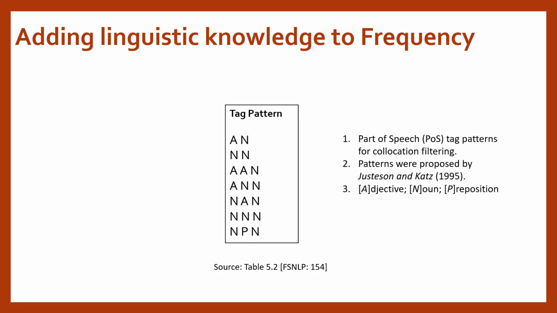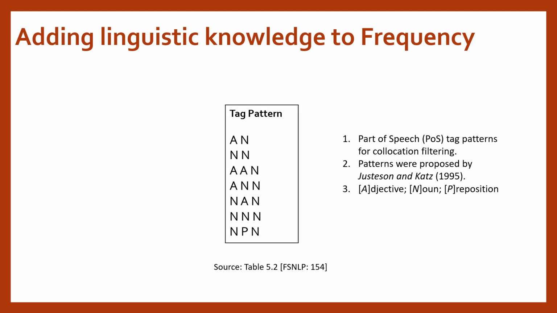So what people have tried is to identify certain patterns of co-locations, and they say that if the frequency is high, as well as if the pattern of those words is like this, then they can be considered as co-locations.